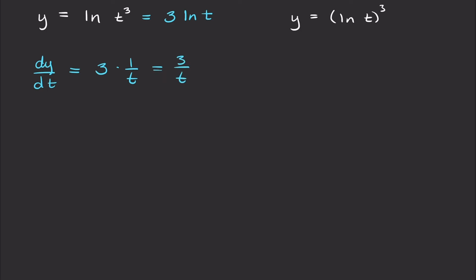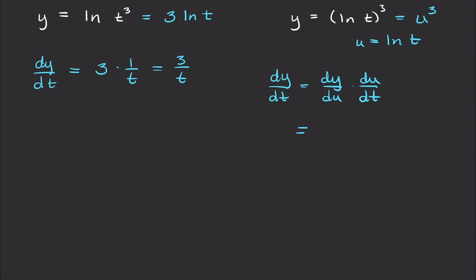For the second one, I can't use the properties of logarithms because the argument itself isn't what's being cubed, it's the entire natural log. So I need to write this as a function u cubed, where my u is the natural log of t, and then I'll need to do the chain rule. So dy/dt will just be dy/du times du/dt.